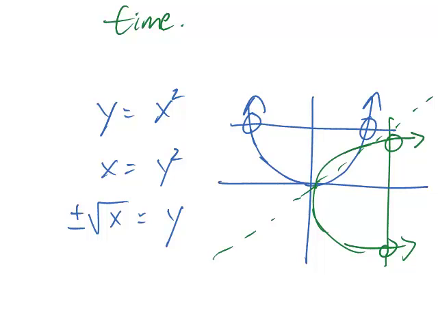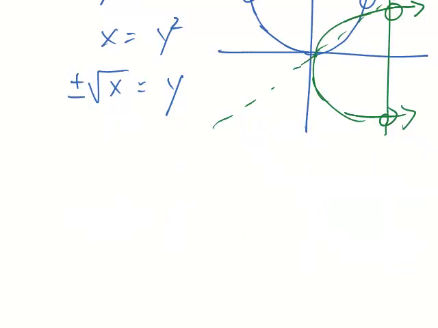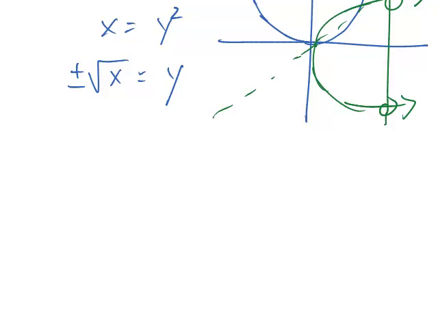If we switch the roles of the variables, going from vertical to horizontal in the original one, it's not a function. So that means that this function is not invertible, because invertible means you have an inverse, the ability to invert. So y equals x squared is not invertible.